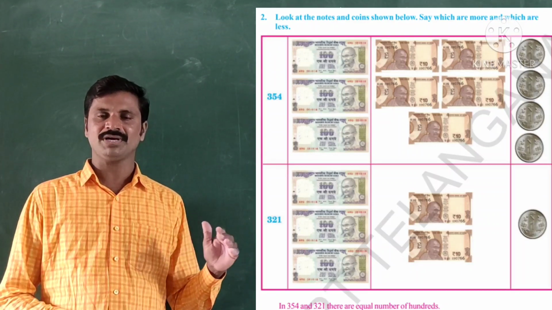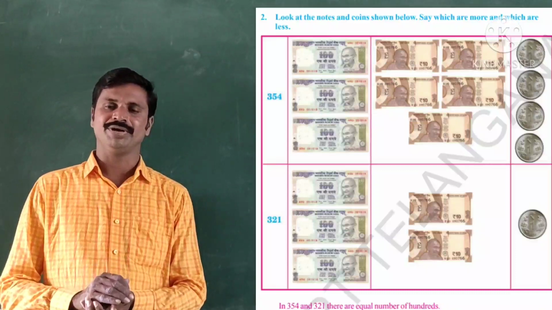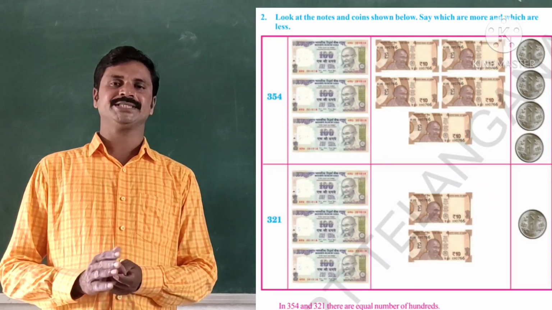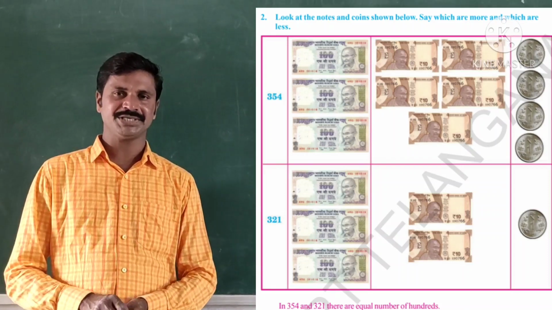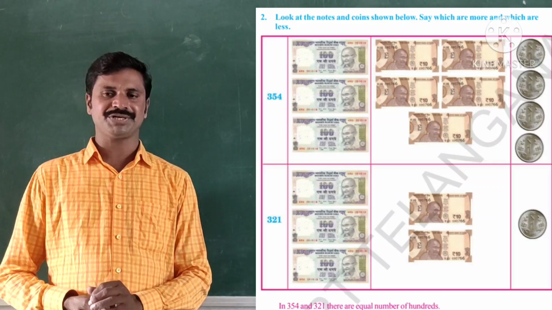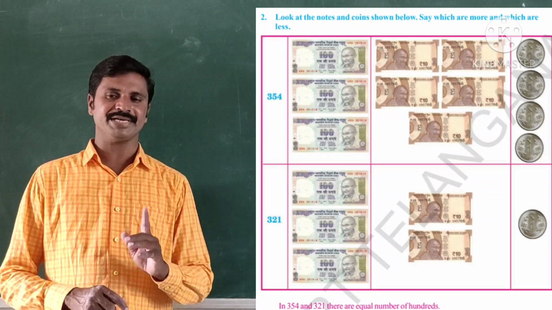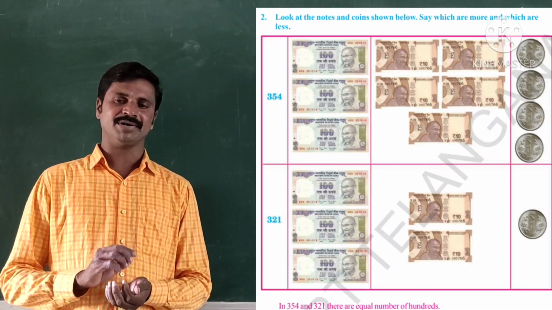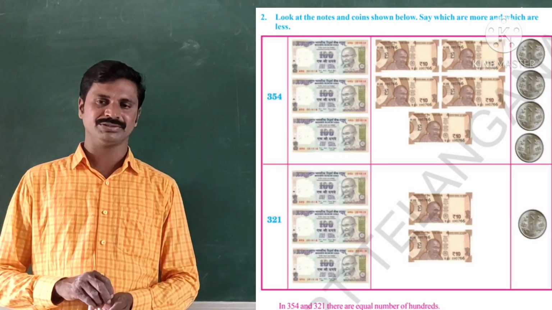Is it 354 or 321? Which is the biggest number, children? Very good. 354 is the biggest number.